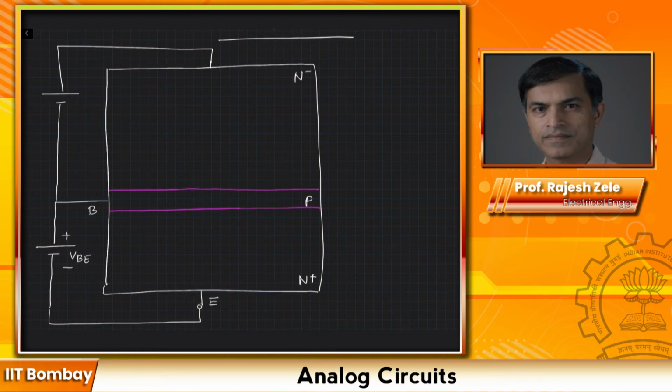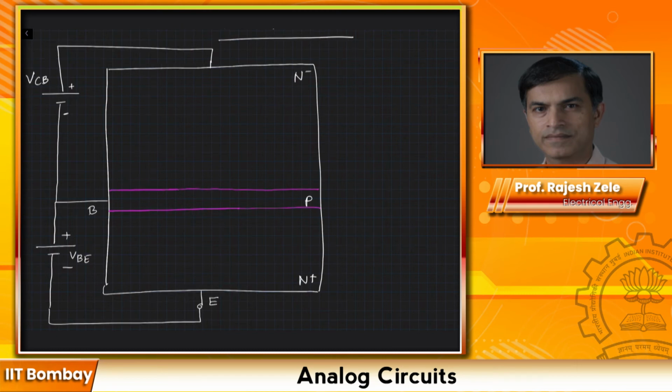This would be our VCB, and that is reverse bias. You should be able to see this is positive and this is negative. So the base-collector junction is reverse biased. And as I said again, the base region is ultra thin by design.